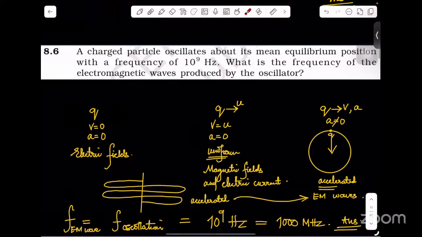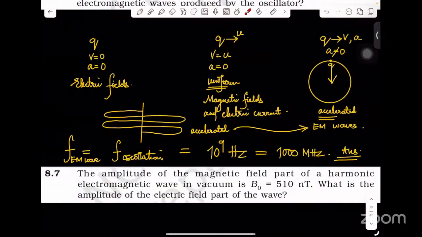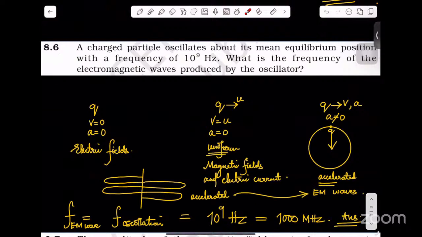And this is the sixth question, which we were discussing: a charged particle oscillates about its mean equilibrium position with a frequency of 10 raised to the power 9 Hz. What is the frequency of the electromagnetic waves produced by the oscillator? In this discussion, we discovered that there can be three possible situations for a charged particle.